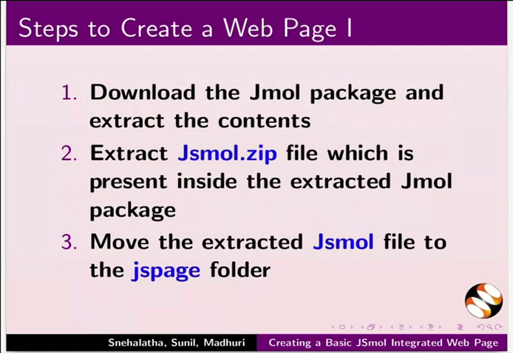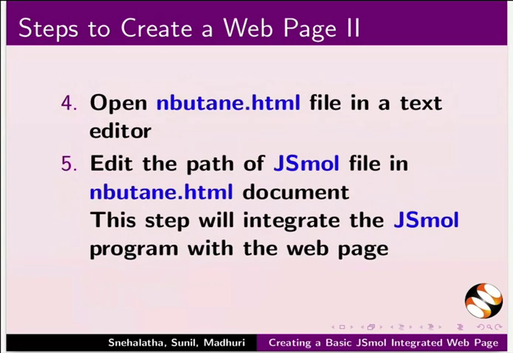I will quickly go through the steps to create a basic JSmol integrated web page. Download the Jmol package and extract the contents. Extract the jsmol.zip file which is present inside the extracted Jmol package. Move the extracted JSmol folder to the JS Page folder. Open the nbutane.html file in a text editor.